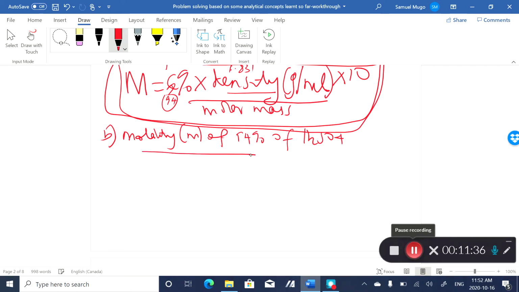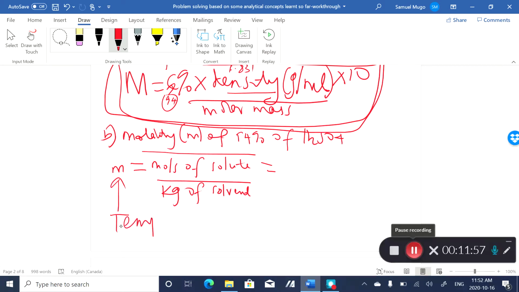Remember, the definition of molality, the small m, is the moles of the solute divided by the kilogram of the solvent. And so remember, molality is temperature independent, and that's why it's better than molar concentration, because you're measuring the solvent in kilograms, in mass, and mass is temperature independent.